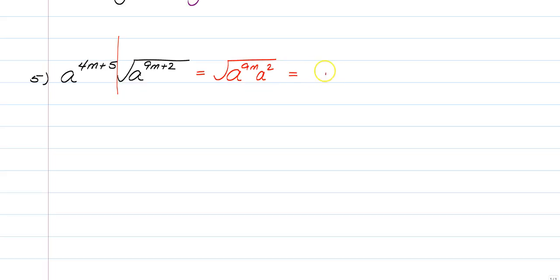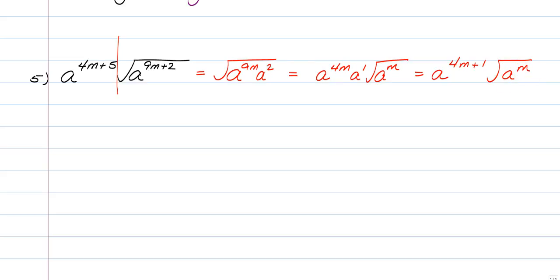So this is going to give us a to the 4m, but we did not go in there evenly, so we have a to the m remaining inside. And how many times does 2 go into 2? Once. So we can factor out an a to the first power, leaving us with no remainder. So this can be rewritten as a to the 4m plus 1 square root of a to the m.